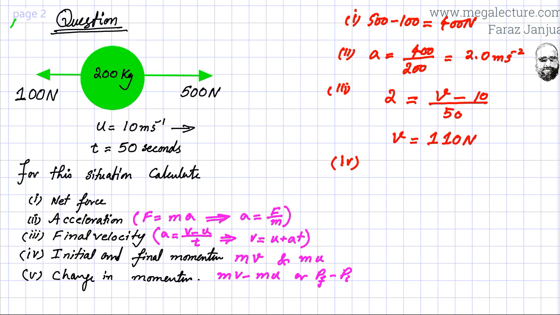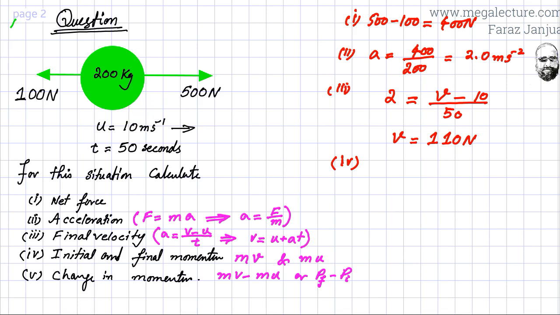Now, final momentum and initial momentum. It is very simple. It is mass multiplied by initial velocity that should give you initial momentum, and mass multiplied by final velocity should give you the final momentum. We know initial velocity is 10, mass is 200.